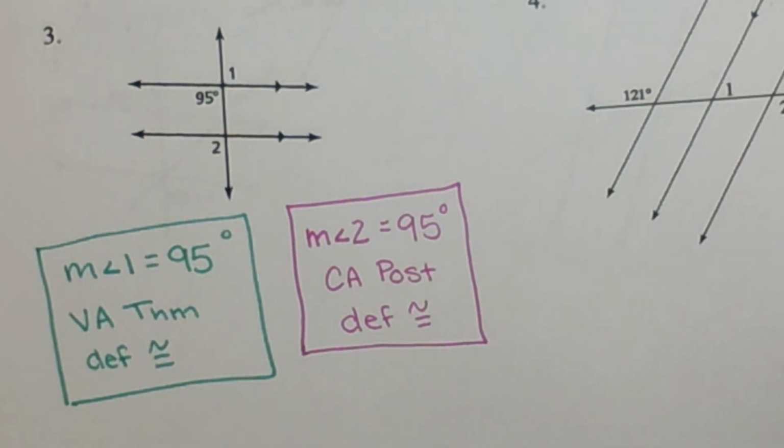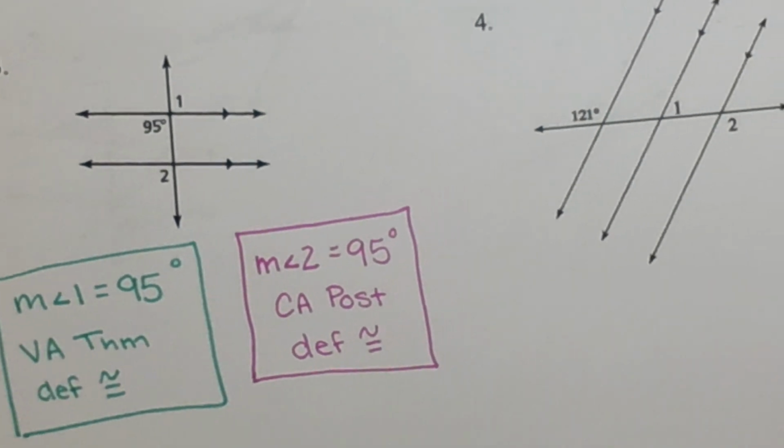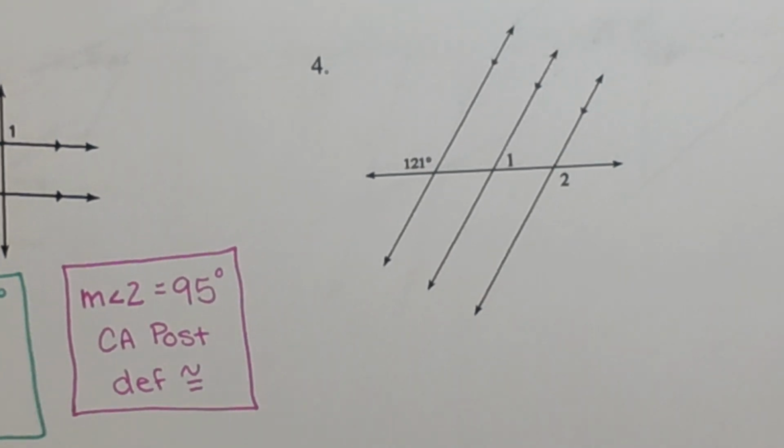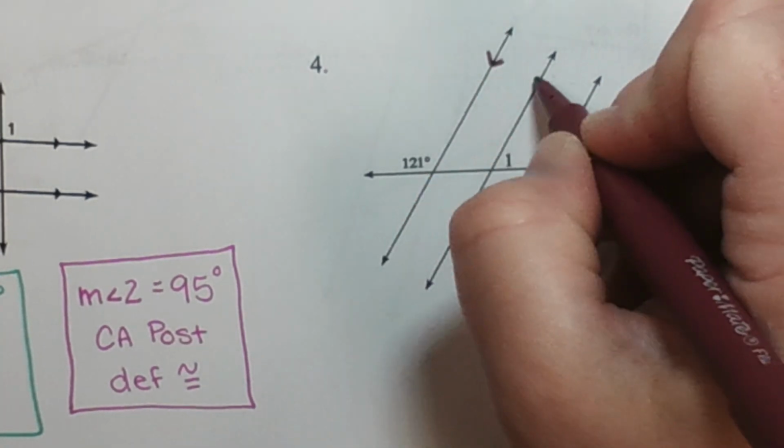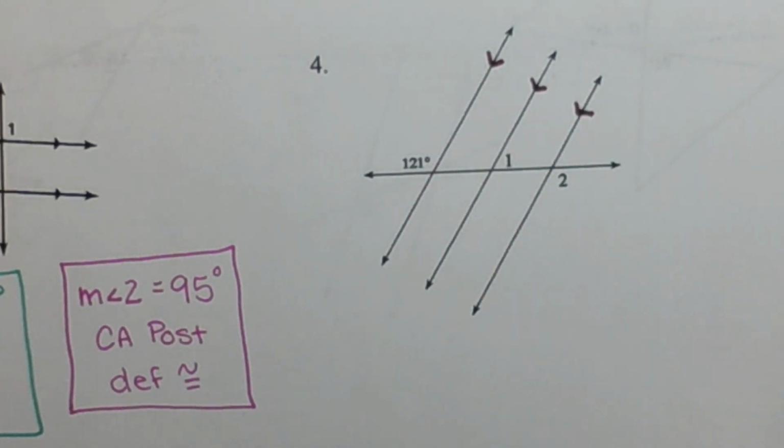Okay, one final problem here. And this one is actually going to be one of the more challenging ones. First off, there are 3 parallel lines, which means as I'm looking at some of these, I need to ignore one of the lines. So I'm going to be covering things up.